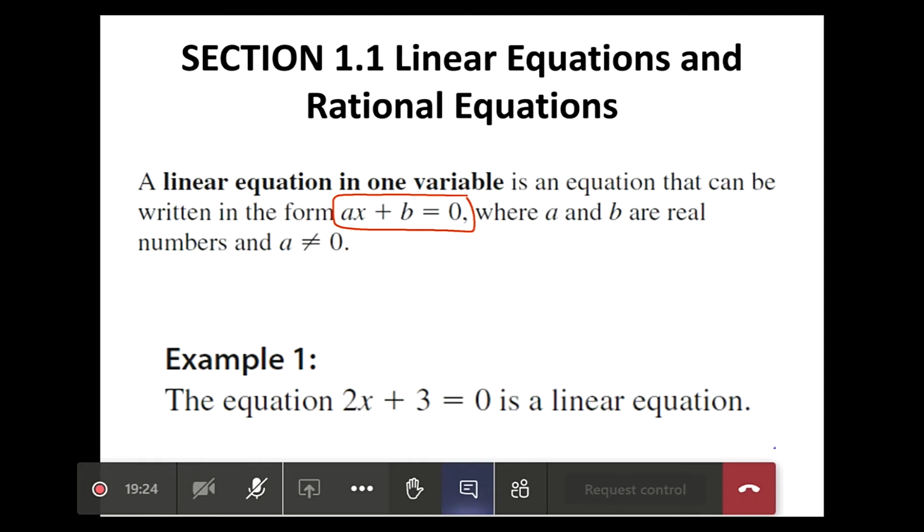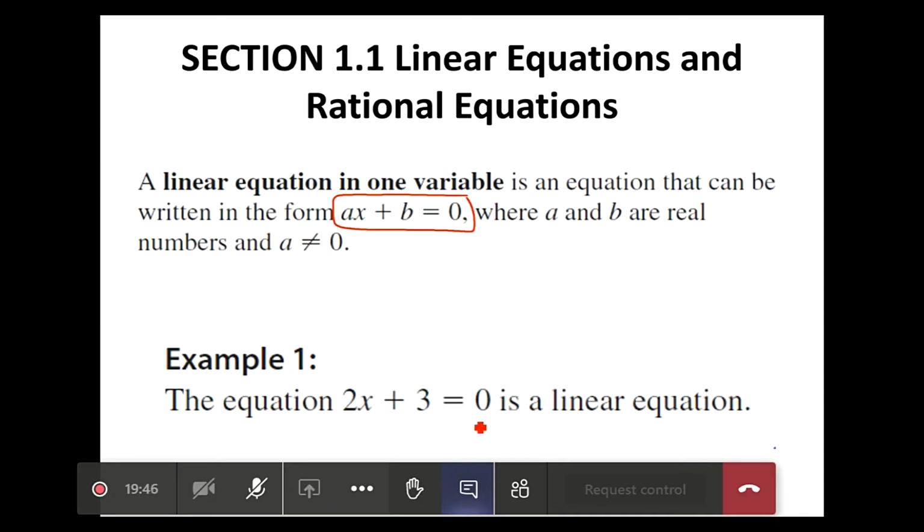We don't have x squared, or x in the denominator, or x in absolute value, or inside the radical. Just ax plus b equal 0, where a and b are constants, and a is not equal to 0.